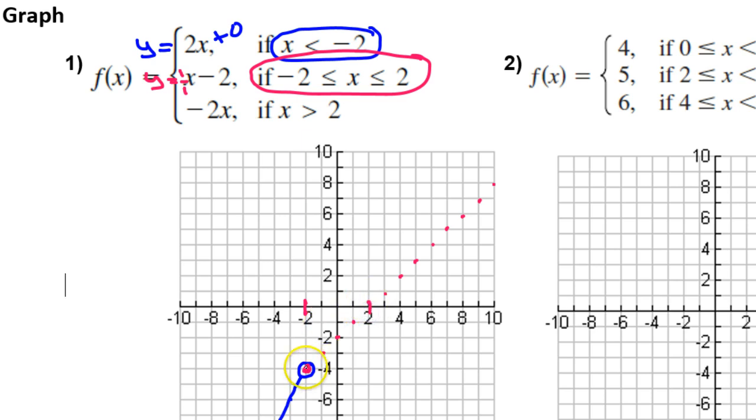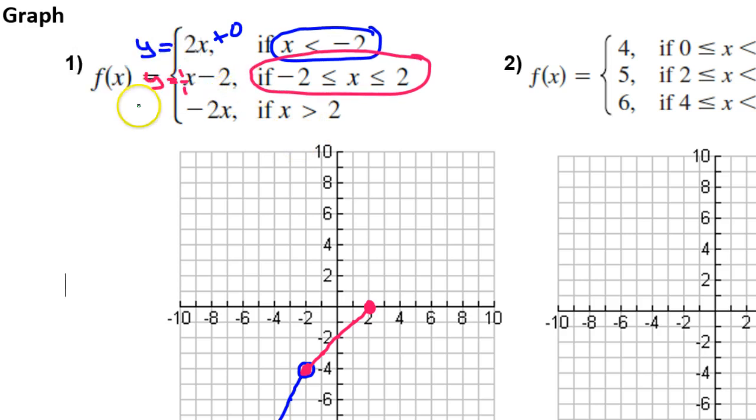So this is the point at -2, and this is the point at +2. Both of these should be closed circles. So I'm going to graph the points that are between -2 and +2. All right, so I'm going to erase all of that. So that's what the middle piece should look like.